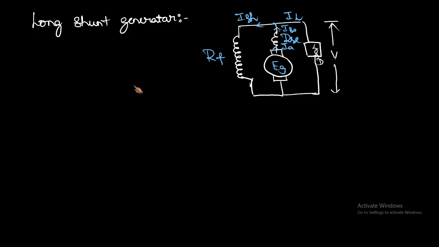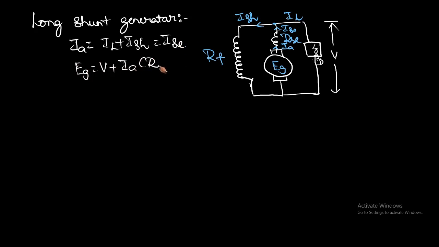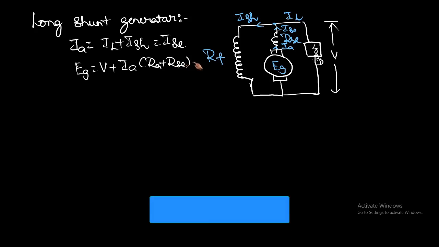If you write the equations for this long shunt generator, armature current IA equals IL plus ISH, which is also equal to ISE, the series field current. EG equals V plus IA into RA plus RSE plus brush drop. These are the two equations you have to remember for the long shunt generator.